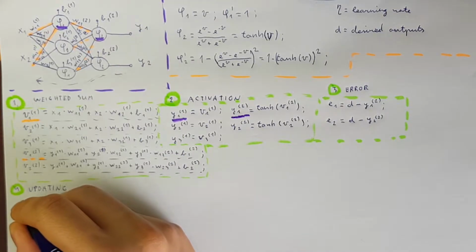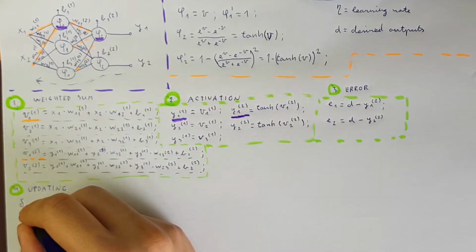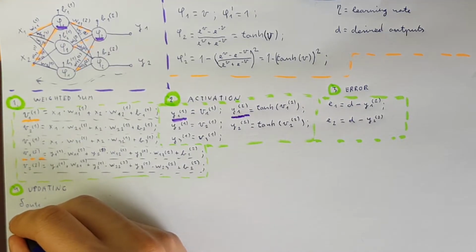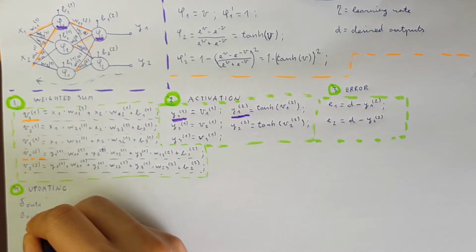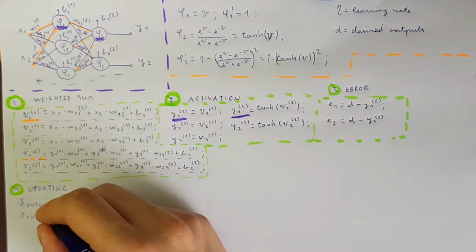Delta out 1 and delta out 2. And it's quite simple.